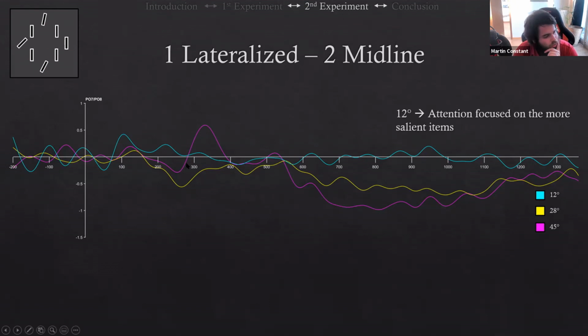Yeah, here we do not have an N2PC for the 12-degree target, but I haven't thought of the results this way. As I said, there's a lot of interpretation possible, and this could be one indeed.